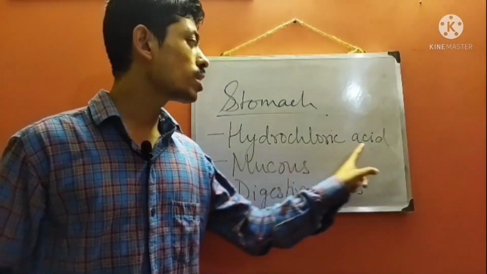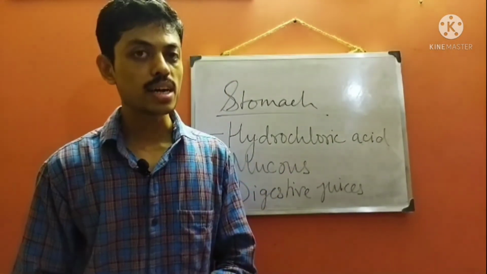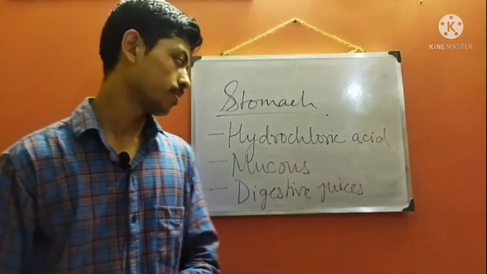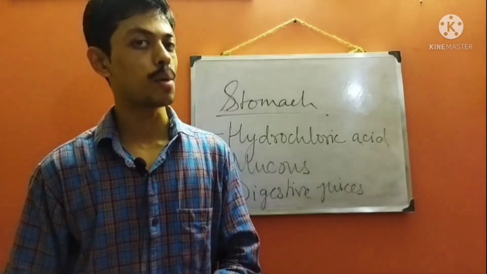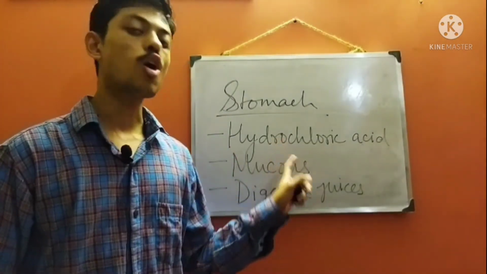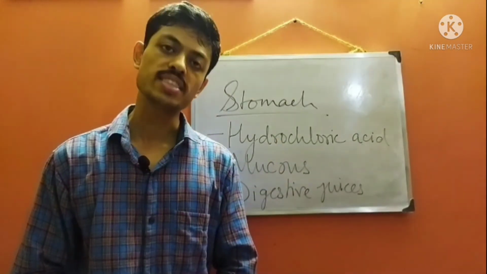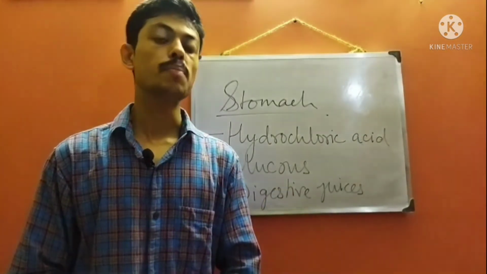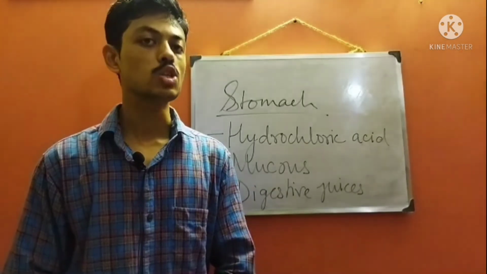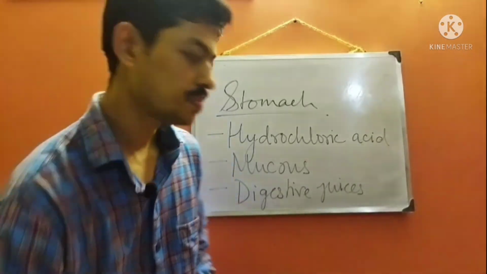Yes, the hydrochloric acid kills the bacteria which comes along with the food, whereas the mucus protects the inner lining of the stomach from the effect of hydrochloric acid or HCl. Whereas the digestive juices helps in breaking down the proteins into simpler forms.